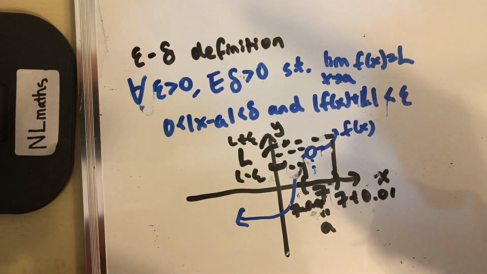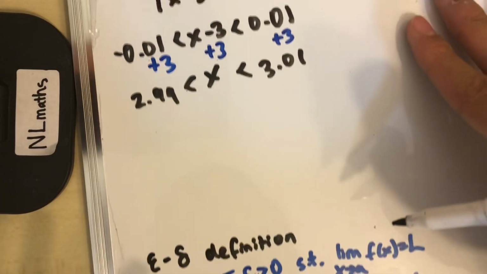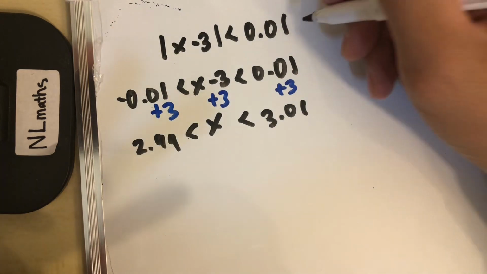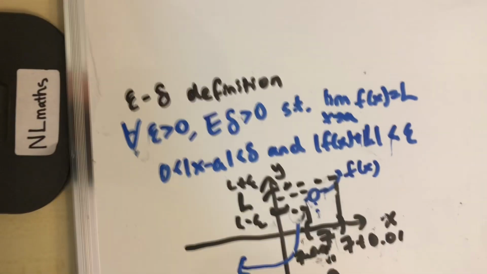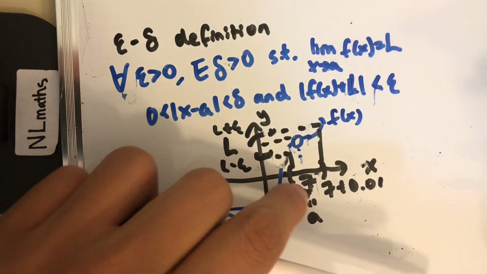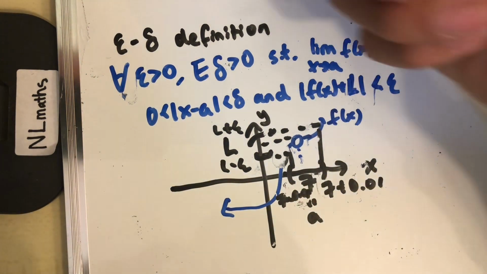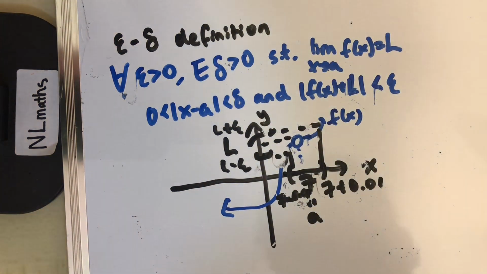And this would be quite close to the function as well, quite close to L. But if we made the 0.01 smaller and smaller, maybe to 0.00001, then that would be much closer to this 7 or a, or in our above question it was 3, and that would make it much closer to L. So the larger the delta, the more the wiggle room, and it will correspond to one and only one epsilon as well. So I hope this is an intuitive way of understanding epsilon delta proofs.